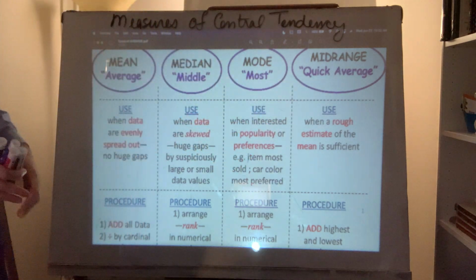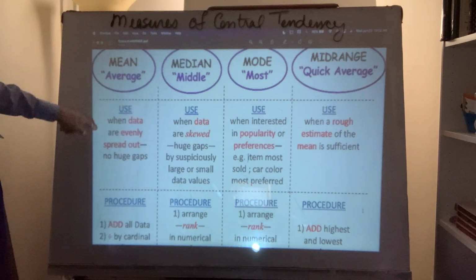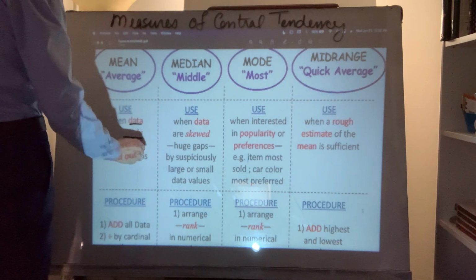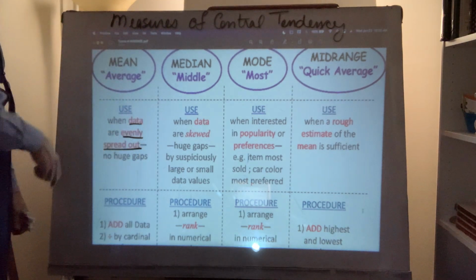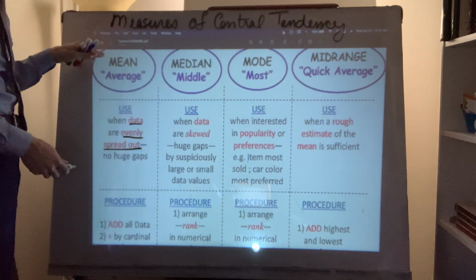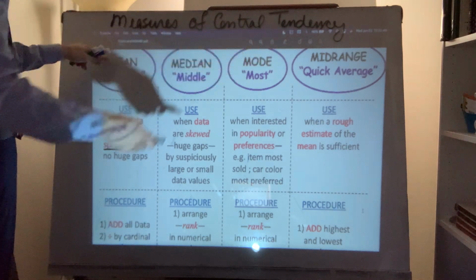Why would I even have that, all right? Sometimes you're given data sets that are like that. Anyhow, when you can tell that the data are basically evenly spread out, all right? This will become more important as we get into variation, all right? Might be appropriate to use mean among these choices, right?